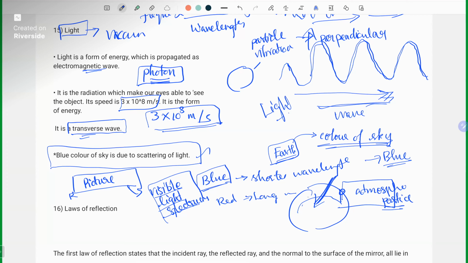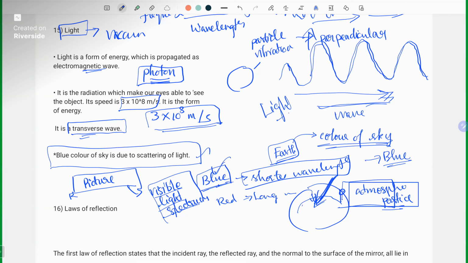Those particles can scatter all the light, and it does not choose and scatter only blue. It is going to scatter all those lights, but the blue's wavelength is very similar or near to the wavelength of those majority particles present in the atmosphere. So all those particles put together, when scattering that nearest wavelength light, we get to see blue.